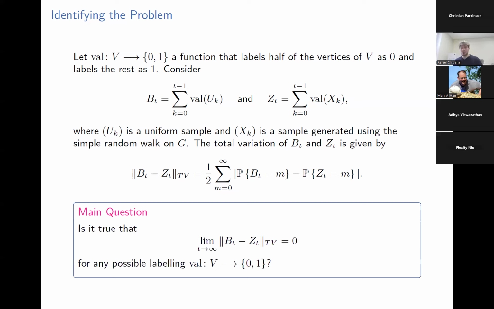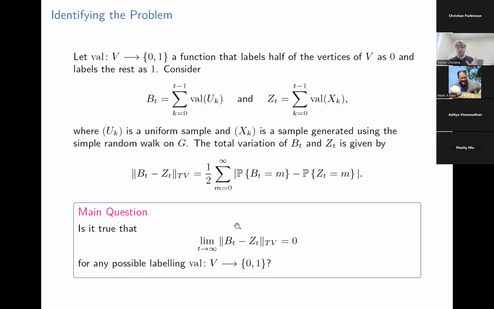Well, it turns out that the total variation distance between these two random variables converging to 0 as t goes to infinity is equivalent to these two random variables behaving in the same way at the limit. Anything that I can do with a symmetric function, or any information I can obtain about a symmetric function using the uniform sample, will be the exact same information for Z_t.